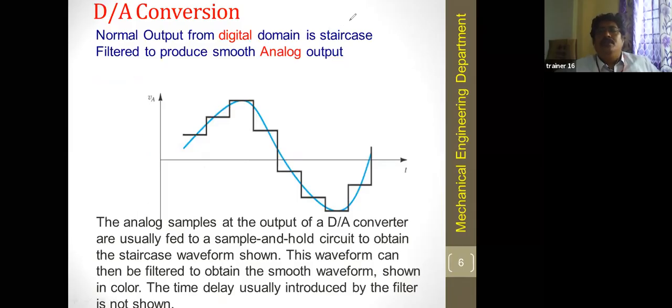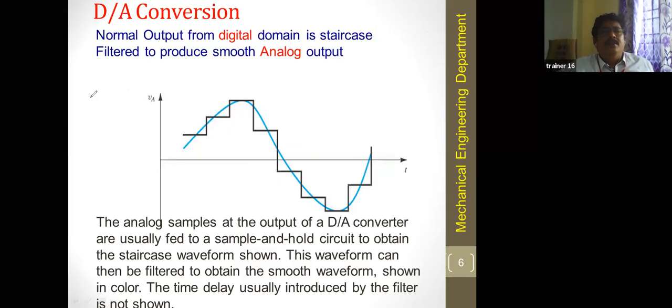The next is digital to analog conversion. Same here. I told you that this is digital, and again it converts to an analog signal. Now you got my point, right?